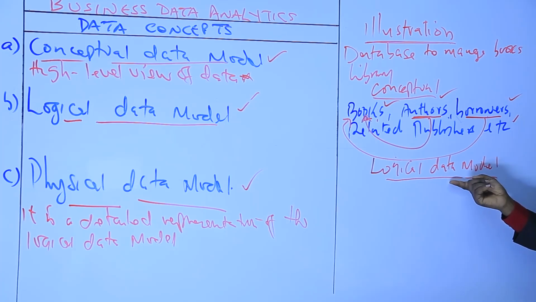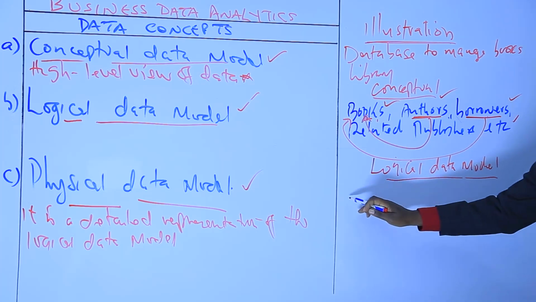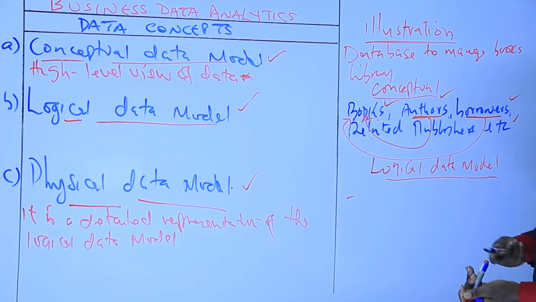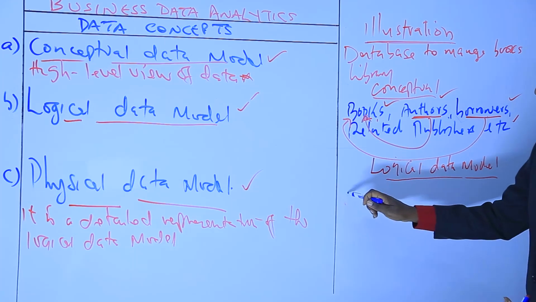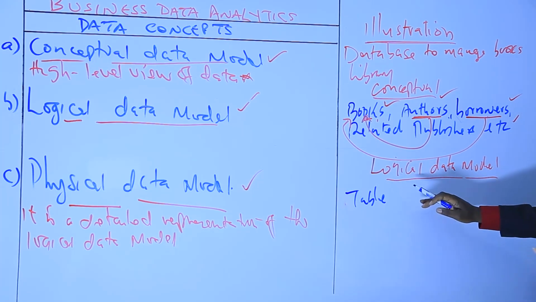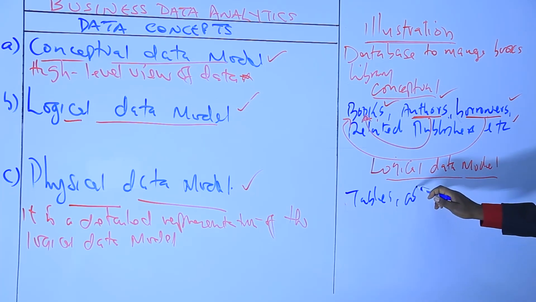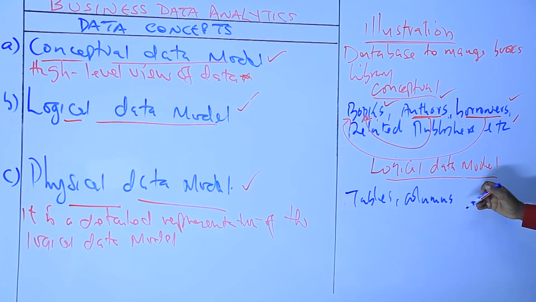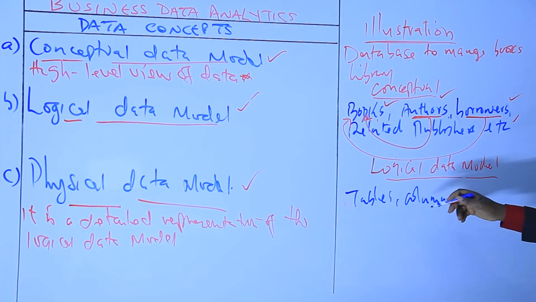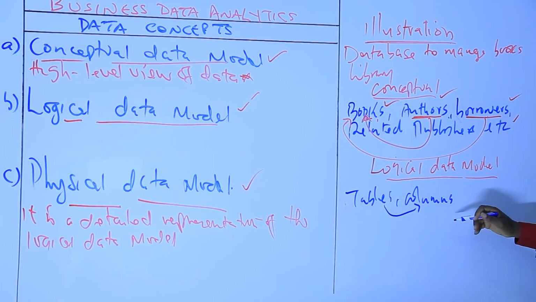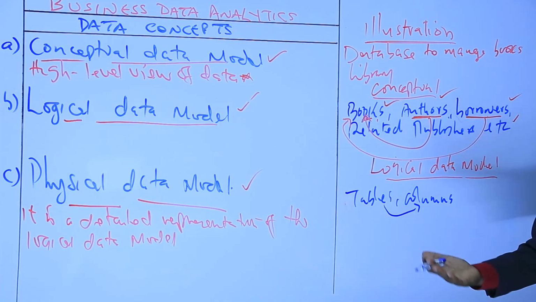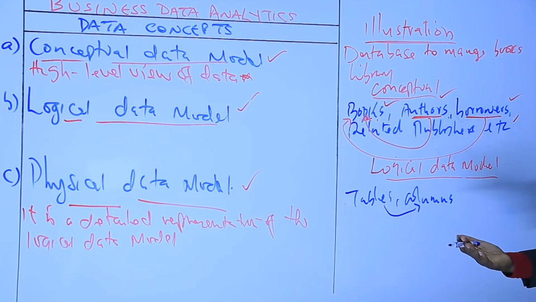It may be organized in, say, tables. The data in this database can be presented in columns. We may have relationships between the tables and the columns, all right? The details on how this data will be accessed and organized.